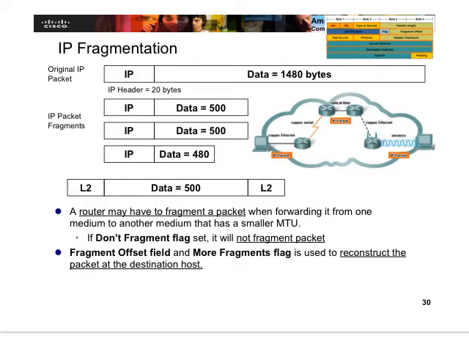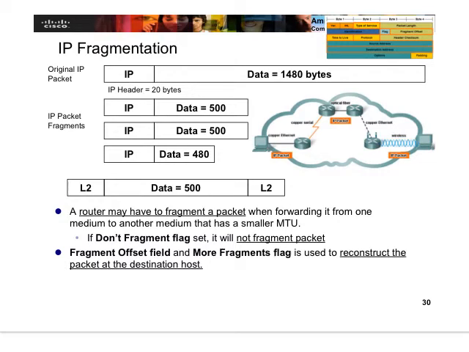Okay? If it's wireless, maybe it's going to be less than that. So based on this, the source will send the data with the TCP header to the network layer. The network layer will then create the IP header.